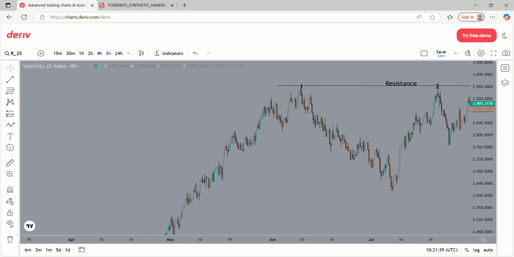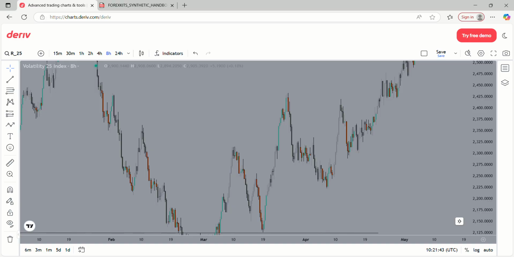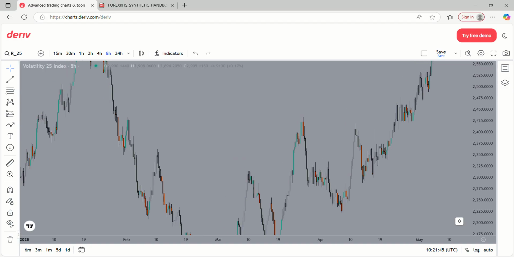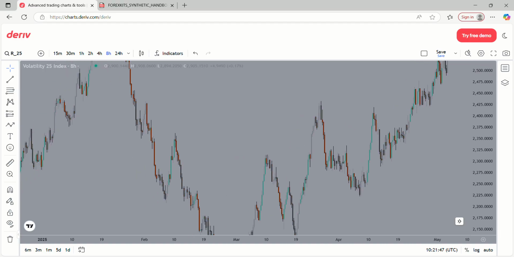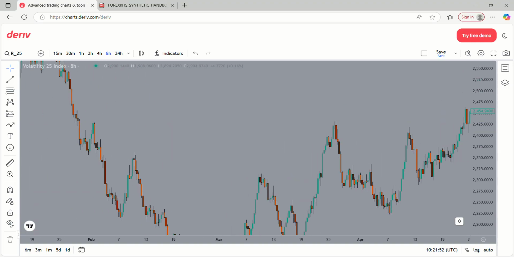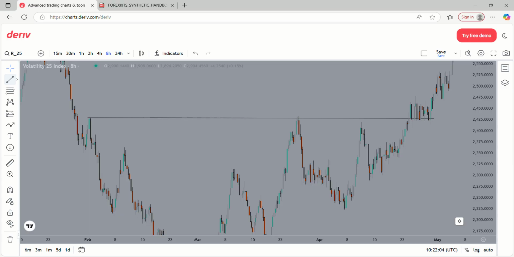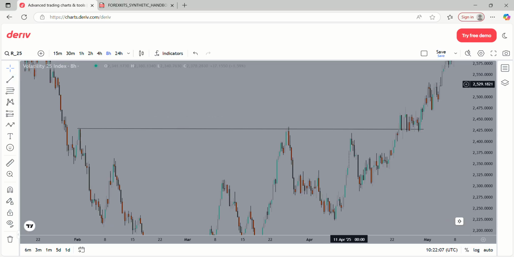Let me go on to show you other examples on my screen. Yeah. So let me just use this as an example before I move on. This is another support resistance area. Another resistance area. This has just like two touches.